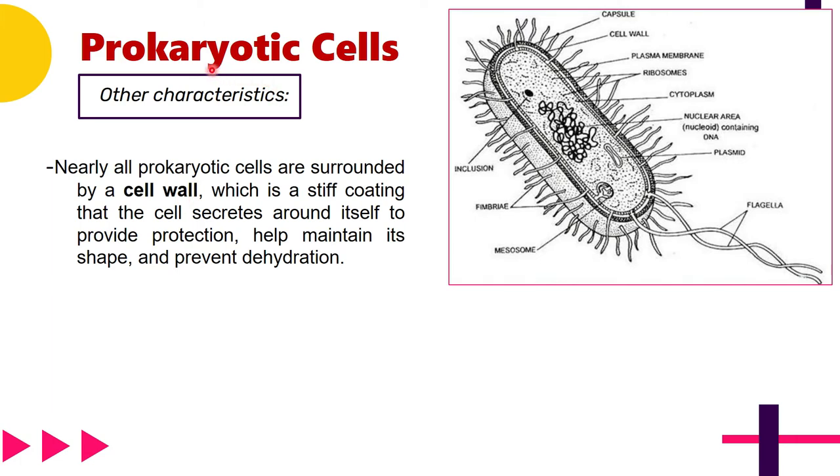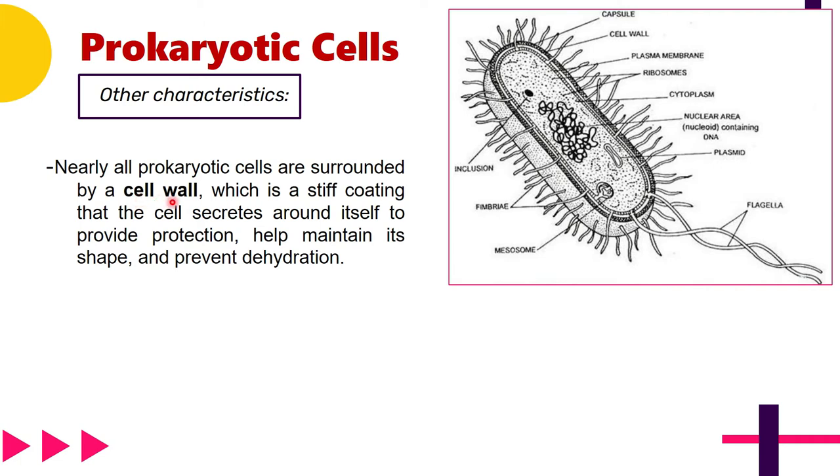Please take note that the cell wall of plant cells is made up of cellulose, while the cell wall of a prokaryotic cell is made up of what we call peptidoglycan. Peptidoglycan.